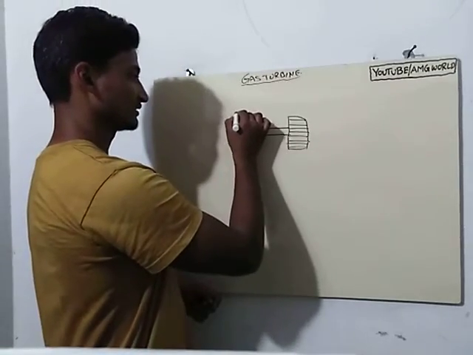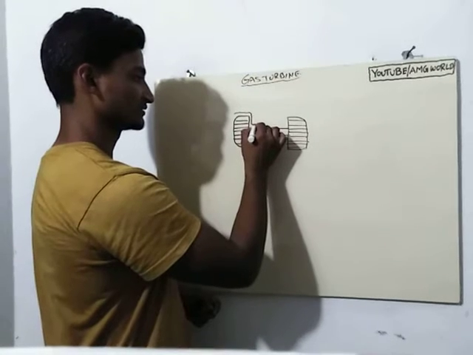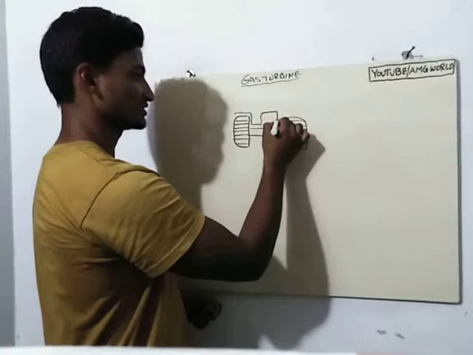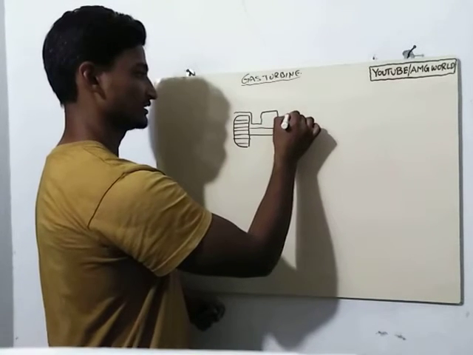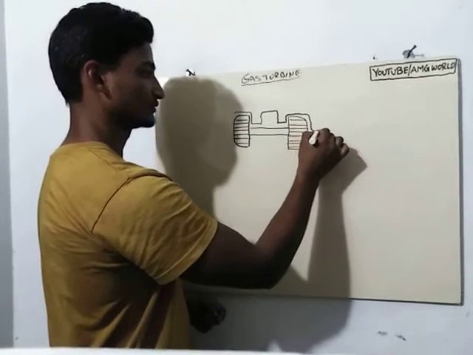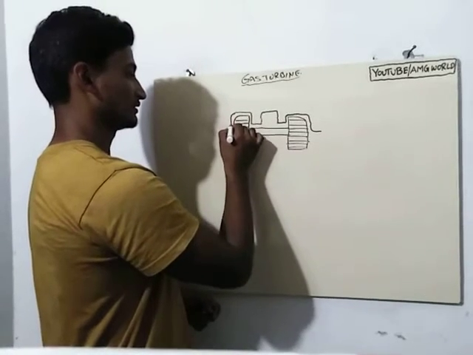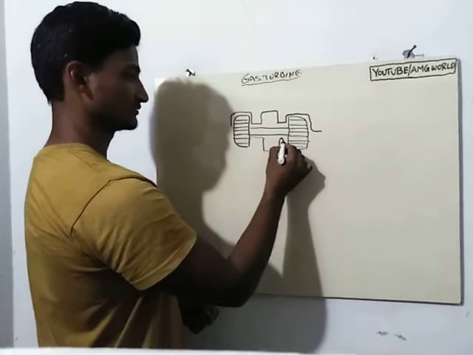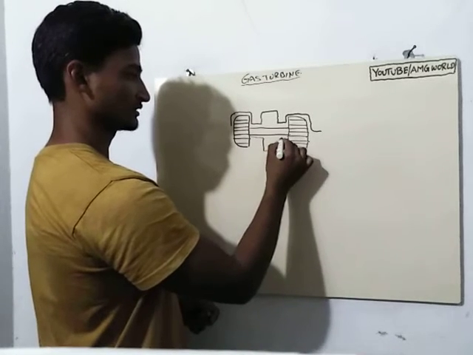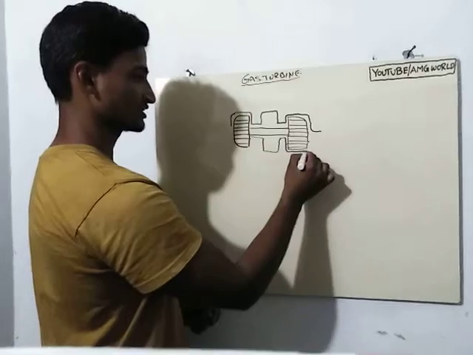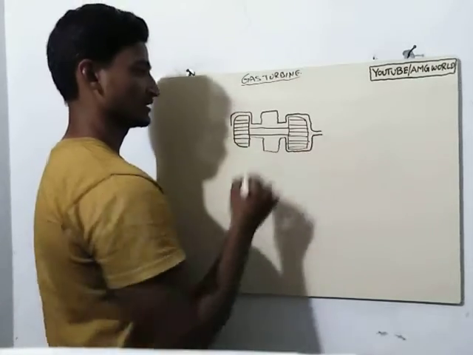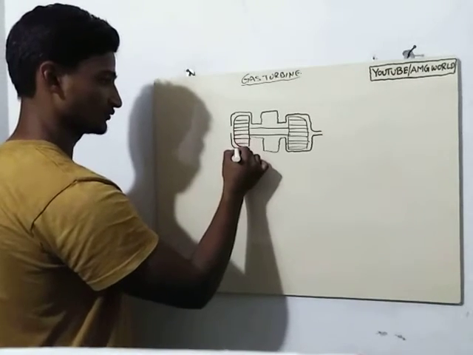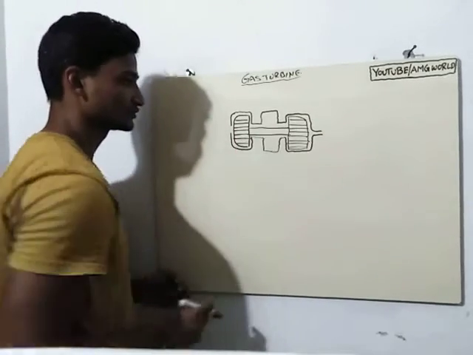Here we have a casing. Here comes an extension like this, and here we'll have the structure, and here comes the casing which closes this turbine section, and here a vent which is open to atmosphere. Here we have a port.